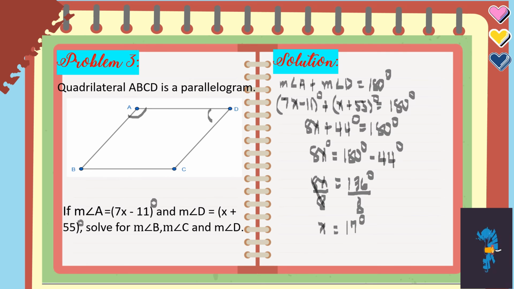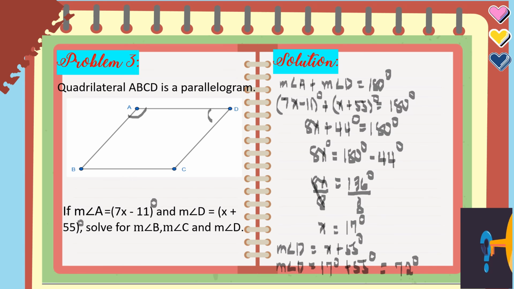We know that the measure of angle D is equal to x plus 55 degrees, and x is equal to 17 degrees. 17 degrees plus 55 degrees, so we get 72 degrees.